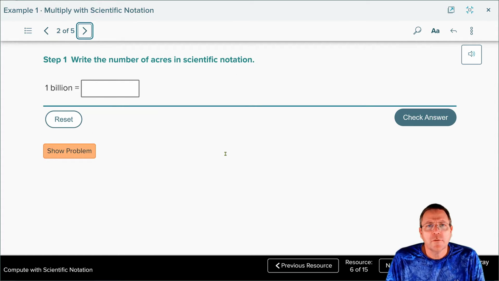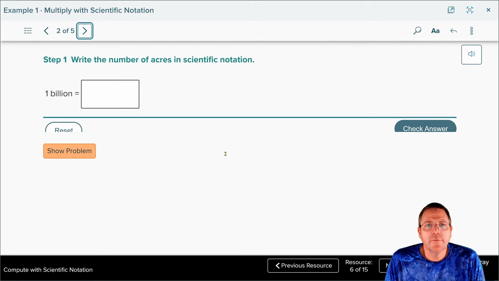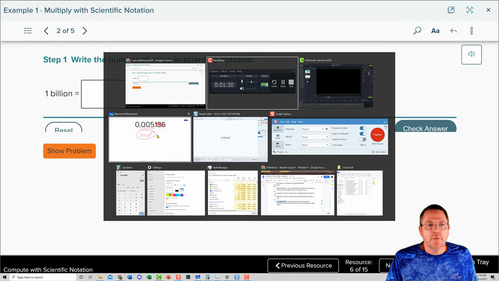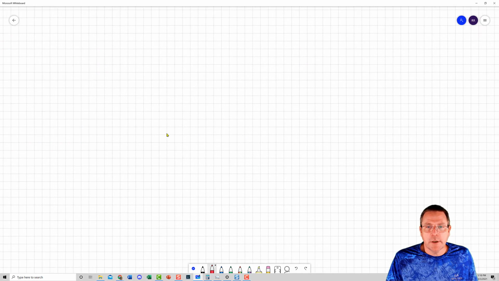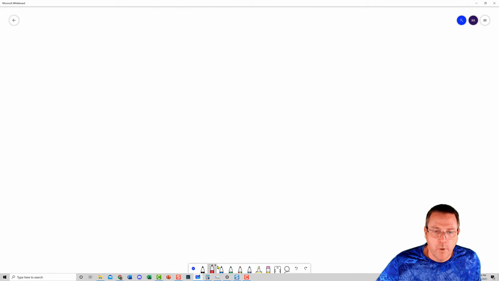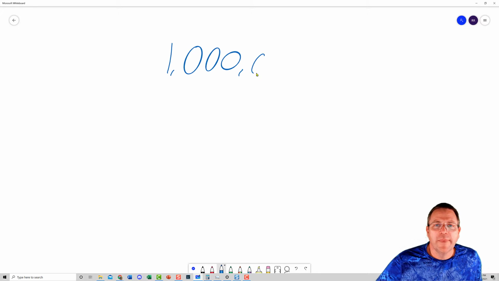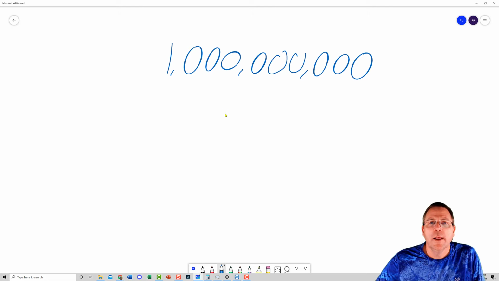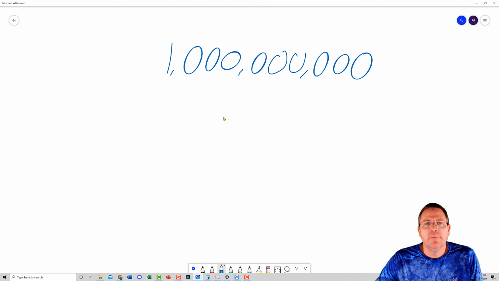Since this lesson is all about scientific notation, we have to go ahead and convert the 1 billion into that. So let's go over here to our scratch slides. First thing I'm going to do is write 1 billion. So 1 billion is going to be 1 with 9 zeros after that, because 6 zeros is million, 9 zeros is billion.